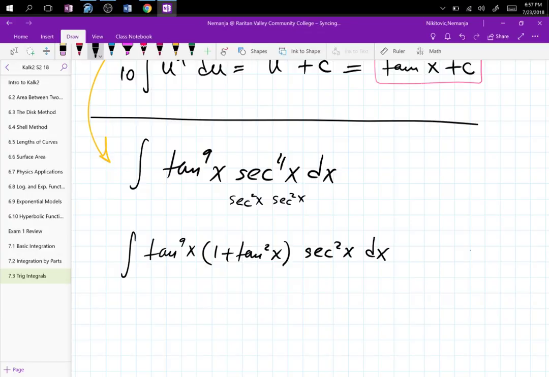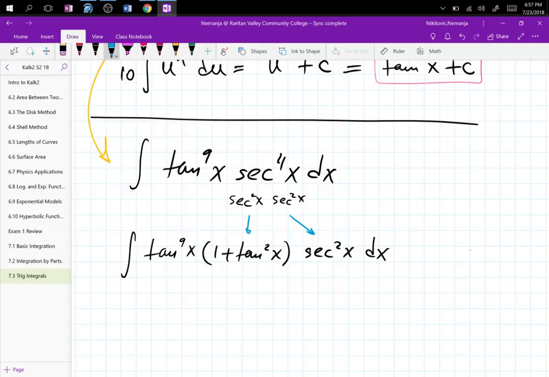So one secant squared was broken, the other one was kept for our du part, for the u sub. It takes time to get used to this, guys. There's going to be a lot of homework.